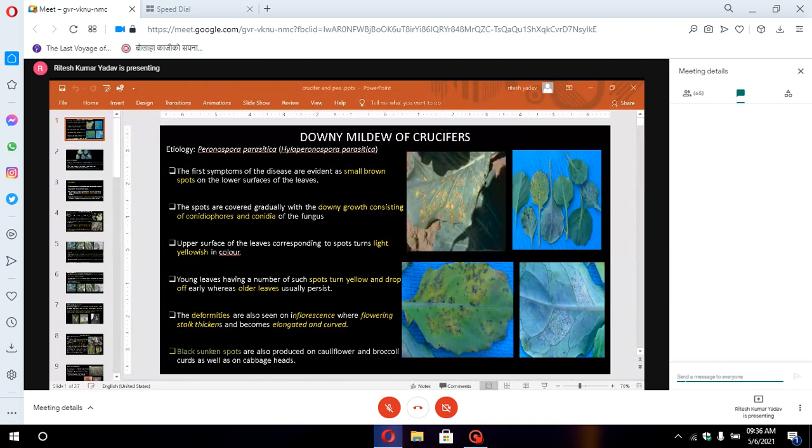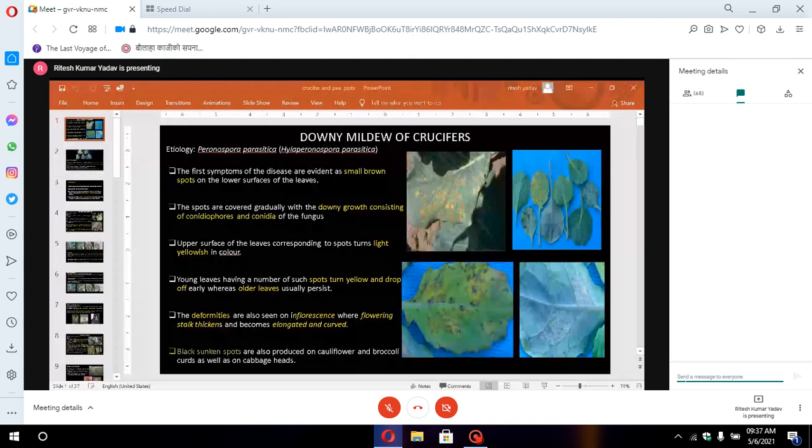With progression of the disease, the spots acquire some dark brown centers, and gradually they become tan to dark brown. And of course, on the underside of the leaf, there's some kind of downy growth, grayish, bluish violet growth, if conditions are very conducive or favorable.